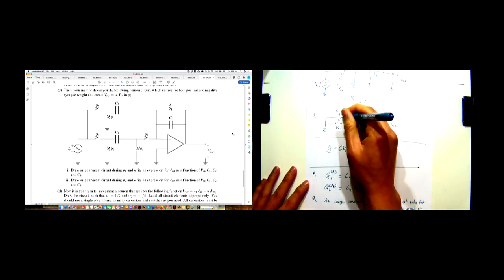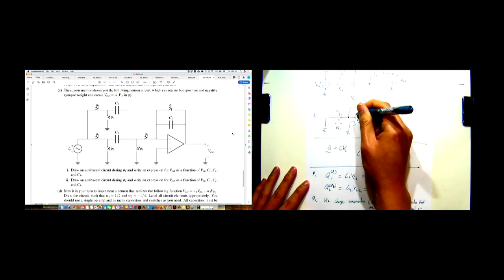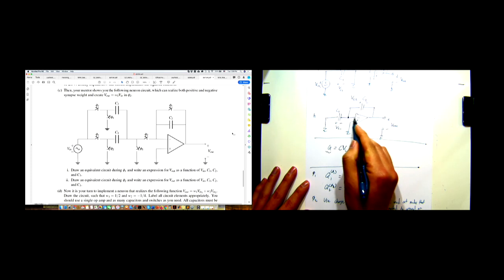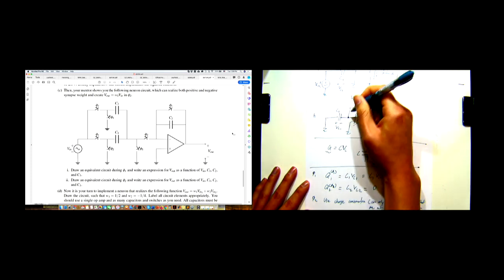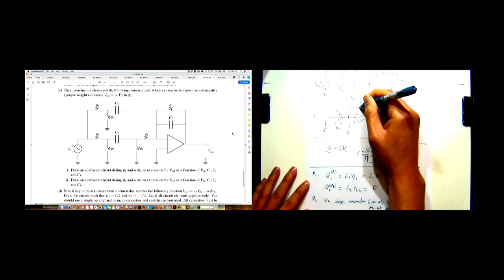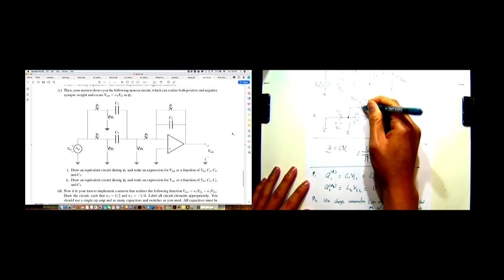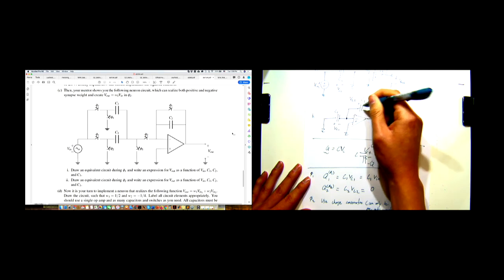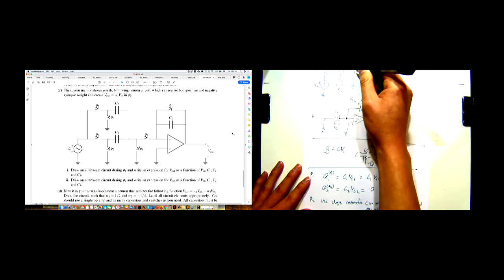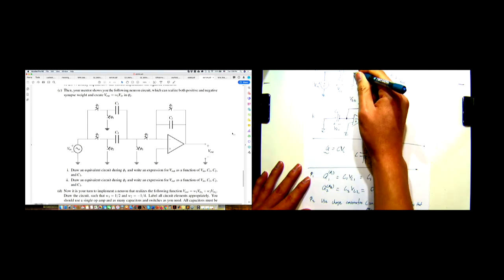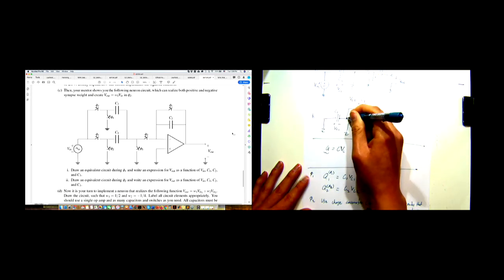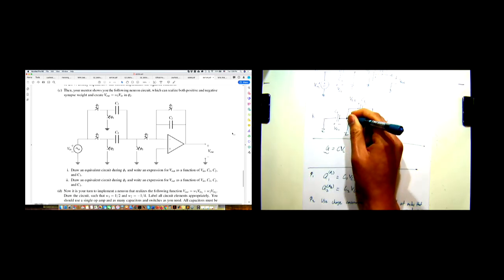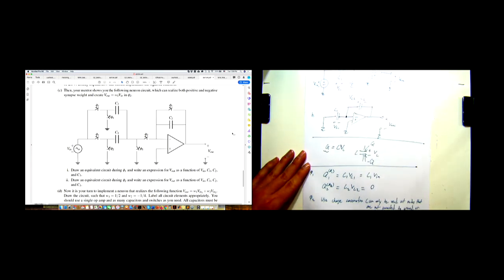It can't escape to the left, it can't go into the op-amp because there's no current going there, and it can't escape through the capacitor C2. So it's stuck. Whatever charge was at this node in phase 1 has to be the same as the total charge at this node in phase 2.